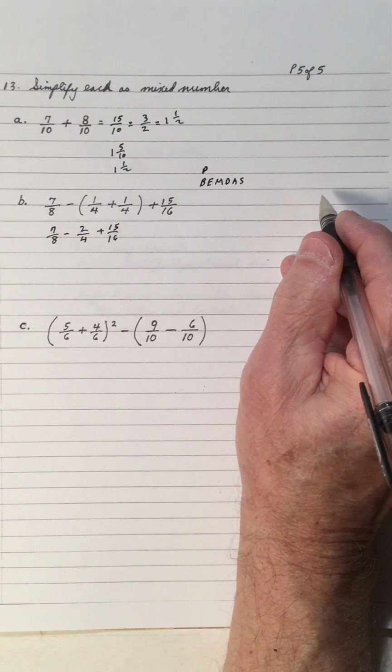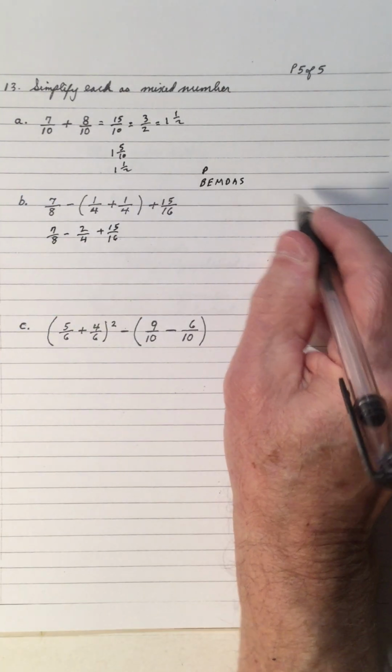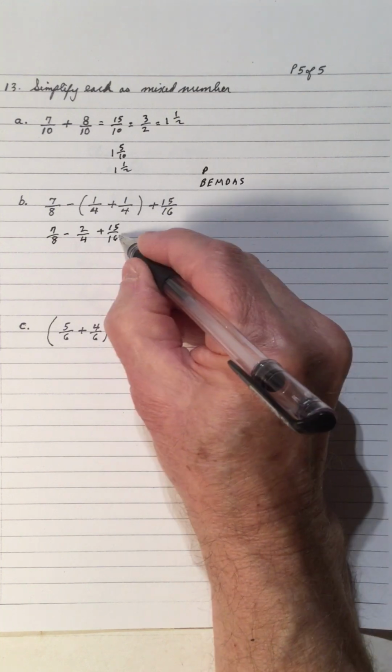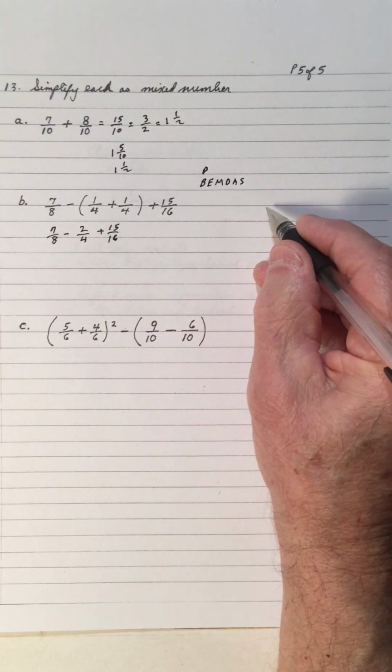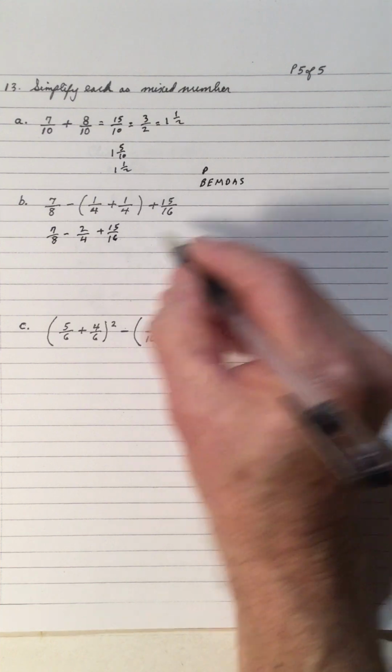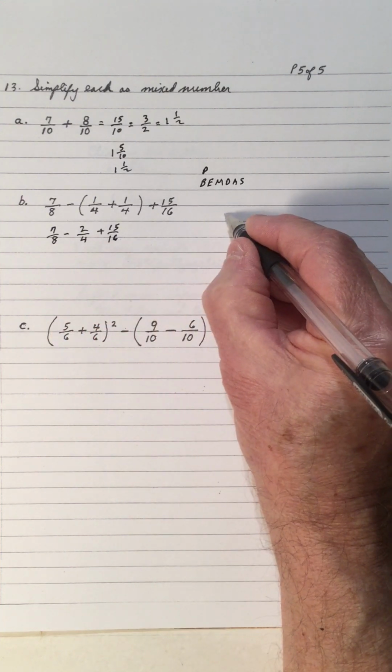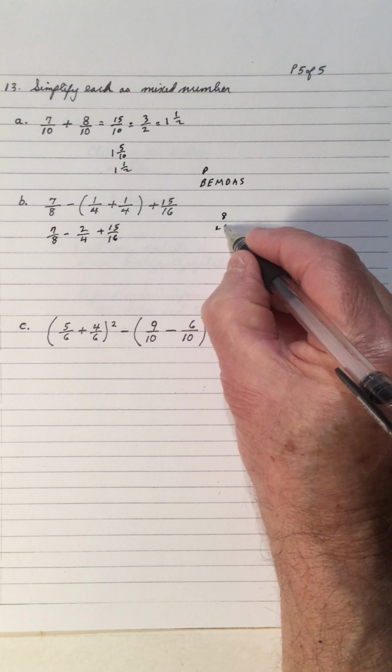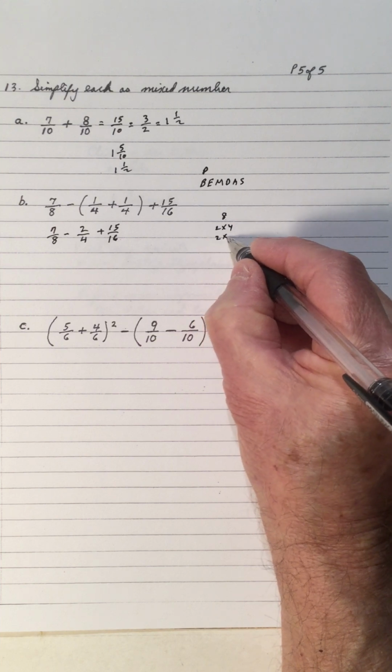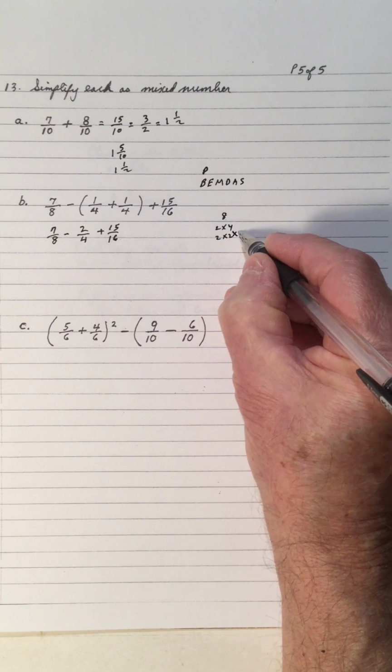Now, we need a common denominator. So, a common denominator is like a least common multiple. So the least common multiple, well, I can see a 16, but let's work it out. 8 is 2 times 4, which is 2 times 2 times 2.